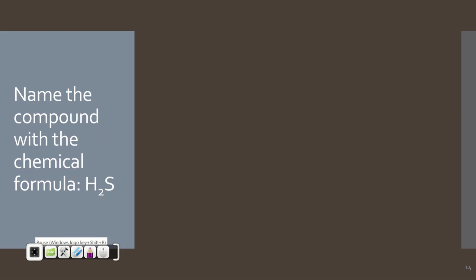So if I have H2S, I look at the second element. The H just means this is an acid. That's what the H is always going to mean. As it begins with H, I'm ending with the word acid. I only have a single element here, not a polyatomic, or a polyatomic with oxygen, an oxyacid.